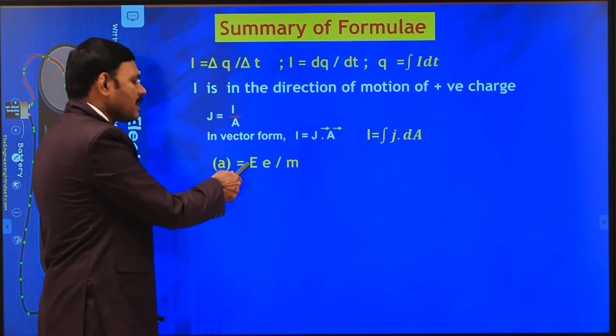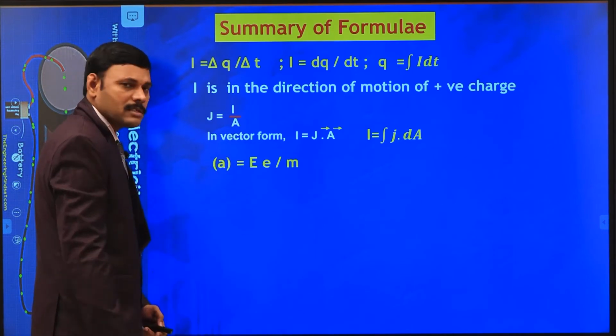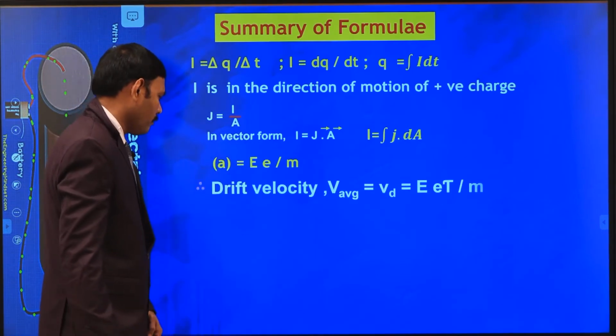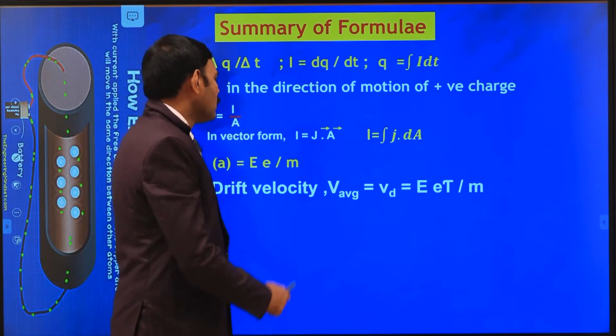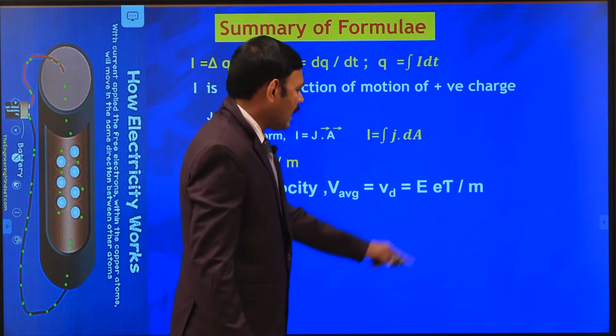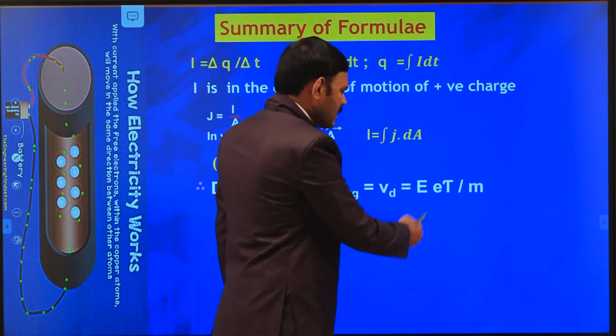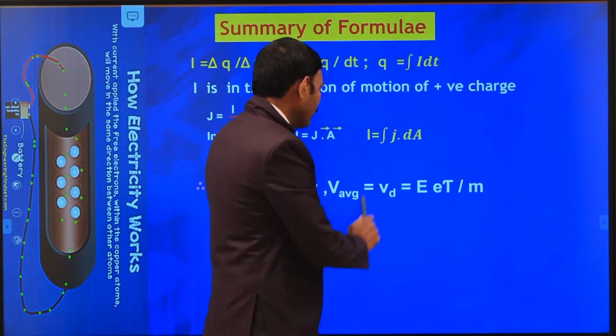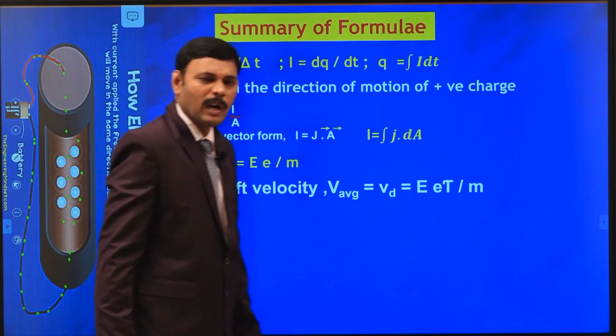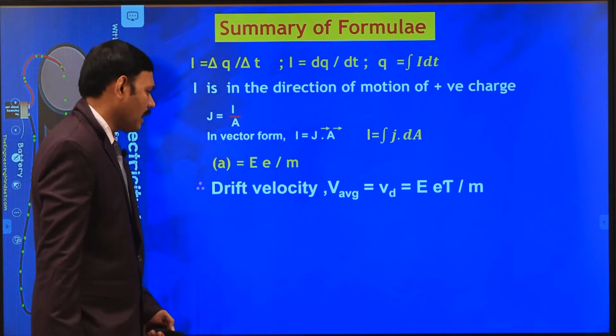And in the presence of electric field, the acceleration gained by the electron is small e into capital E divided by m. Then drift velocity is this acceleration into relaxation time, the average time between successive collisions. Vd is equal to a tau, so capital E small e into tau divided by m is the drift velocity.